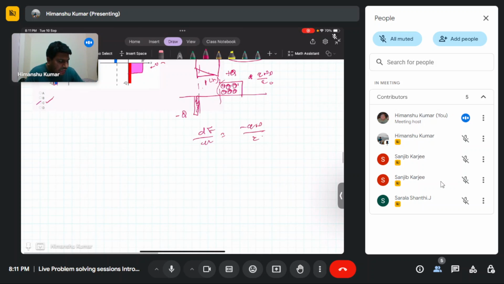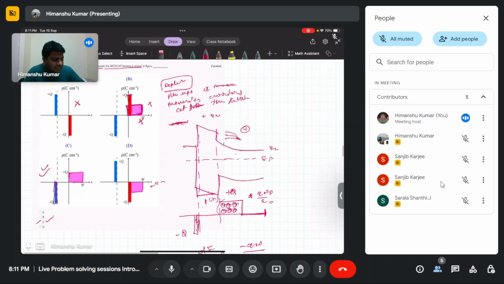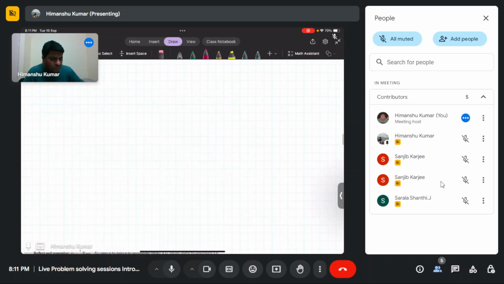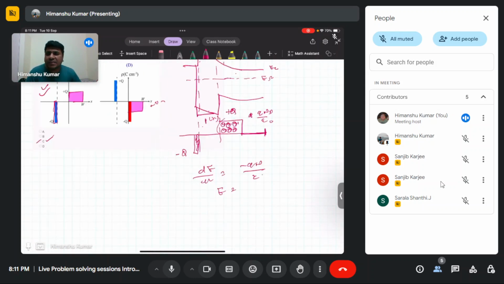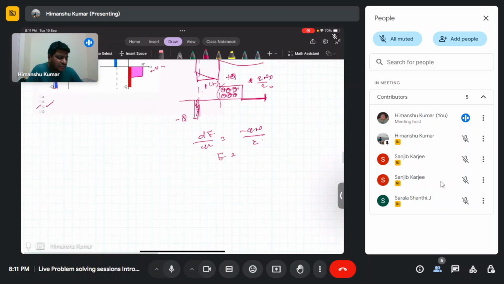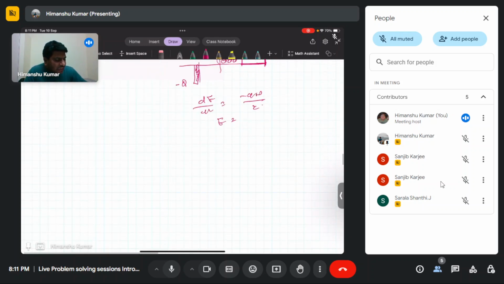If you integrate this, you will get a linear increase in the field values, and at the boundary the field is zero because this region is charge neutral. There won't be any field through the substrate, especially in the ideal case, where we can assume zero field. So if we integrate, we get minus q N_D by epsilon times (x minus W_D) as the expression.